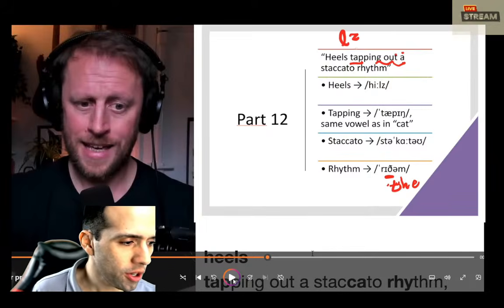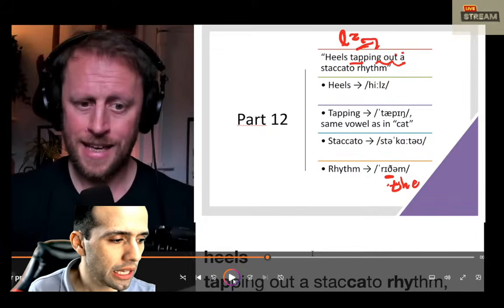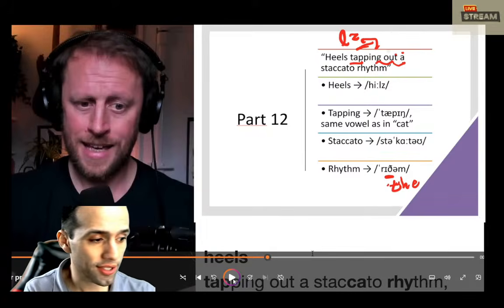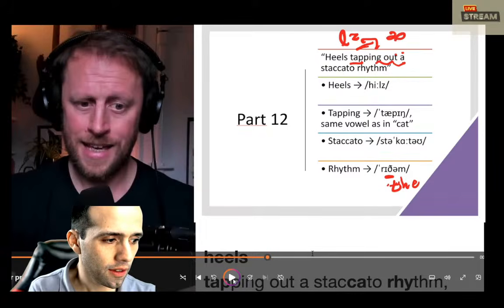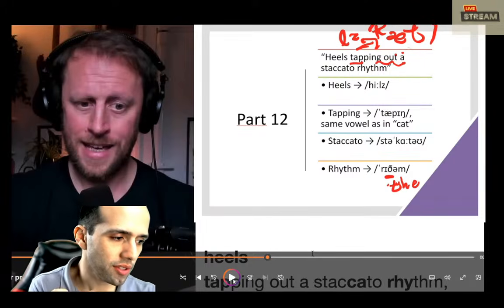In the word tap or tapping, we've got the same vowel sound as in cat. This is cat, but this is tap. This is the symbol representing that.